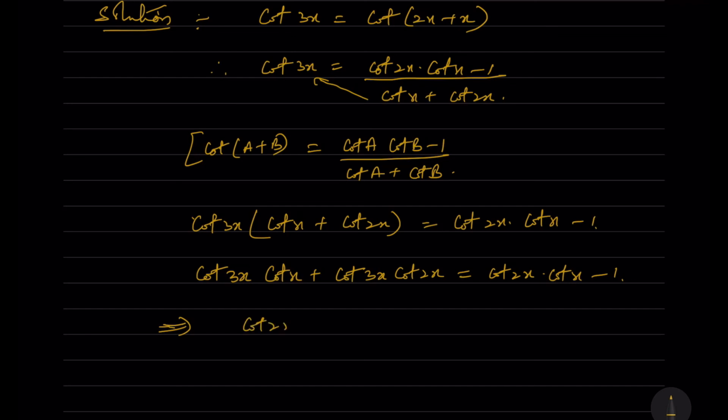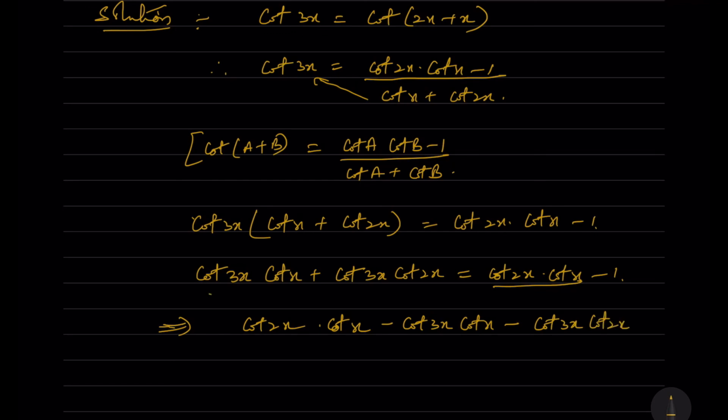So cot 2x into cot x, I am writing this first, and I am bringing the constant to the left side. So cot 2x cot x minus cot 3x cot x minus cot 3x cot 2x.